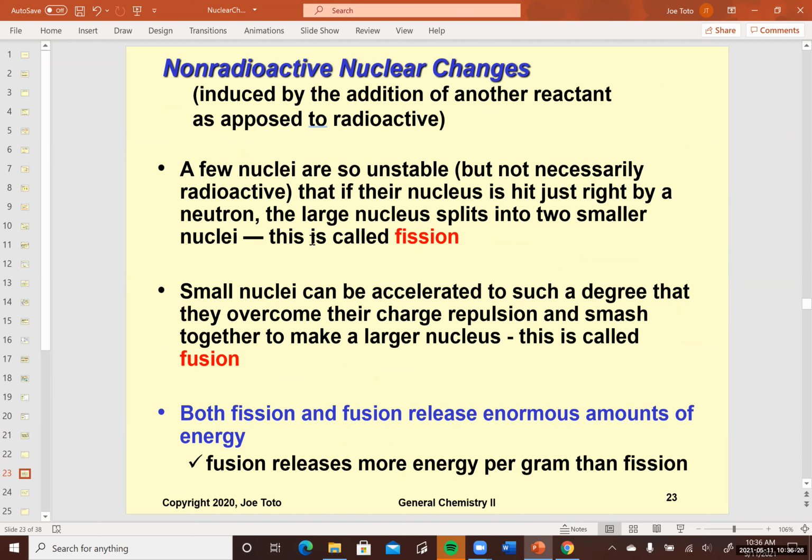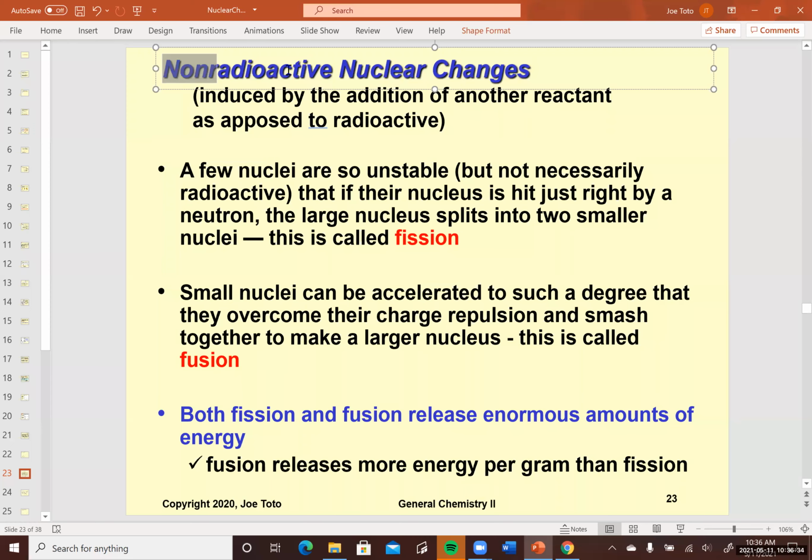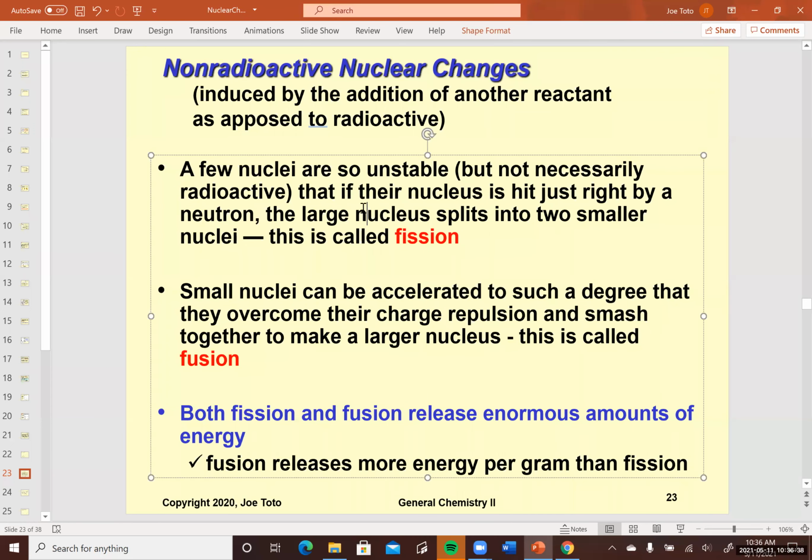Non-radioactive decay. There's two nuclear processes, and this goes into non-radioactive decay. So you have some nuclei that are radioactive because they're either on the upper or the lower end of the belt of stability, or maybe they're beyond bismuth.